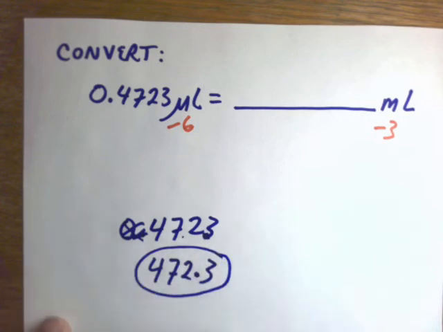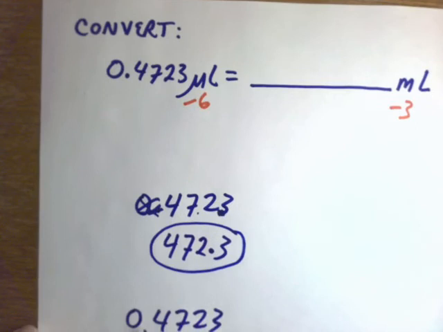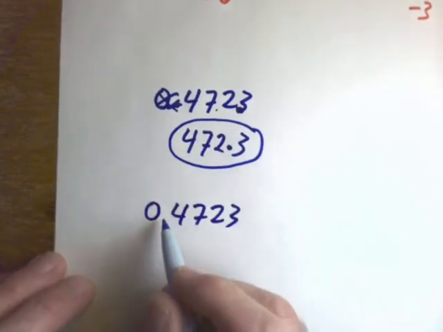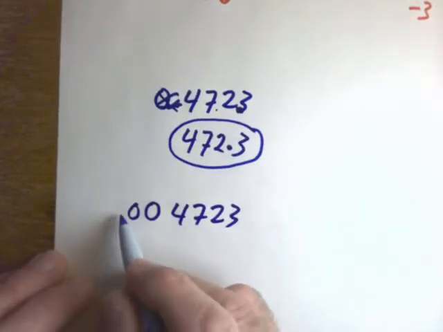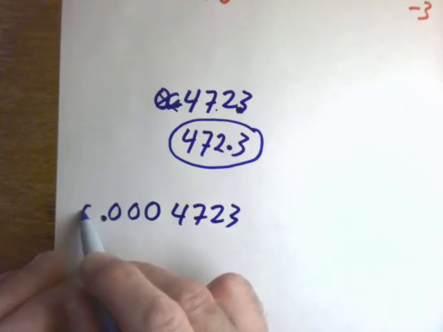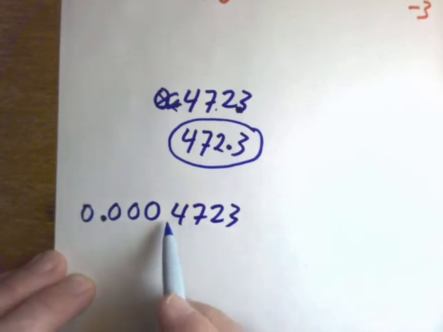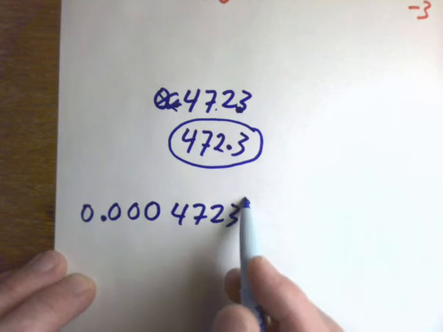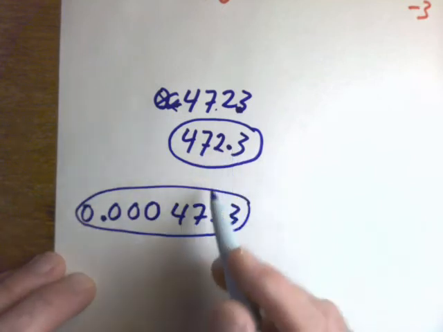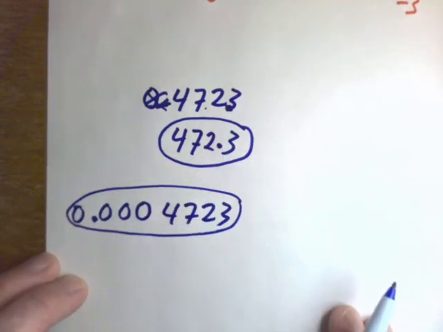If I go the other direction, I start out here and I go 3 places to the left, 1, 2, 3, and I put a placeholder 0. So I went 1, 2, 3. Maybe that's the right answer. One of these two is the correct answer. I just have to decide which one.